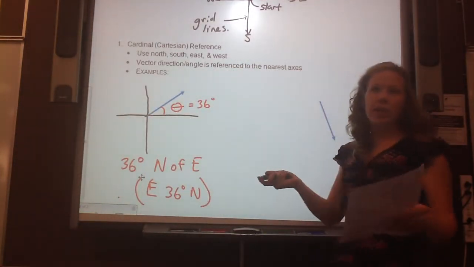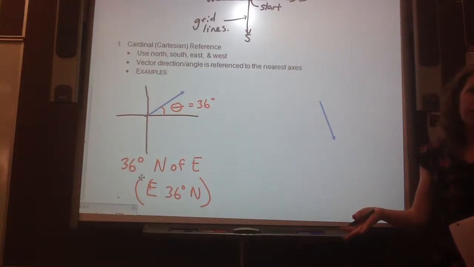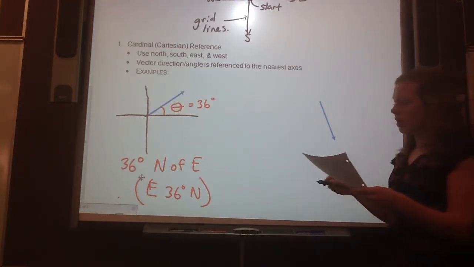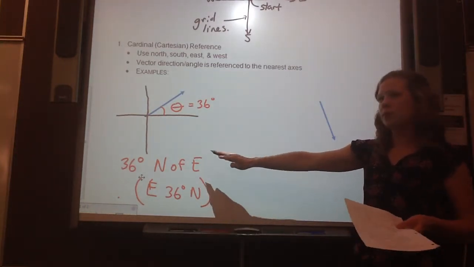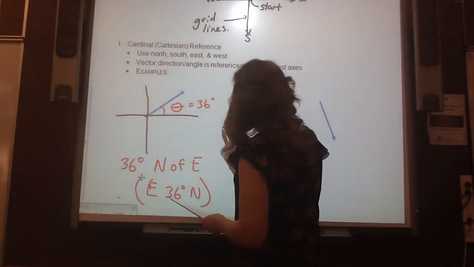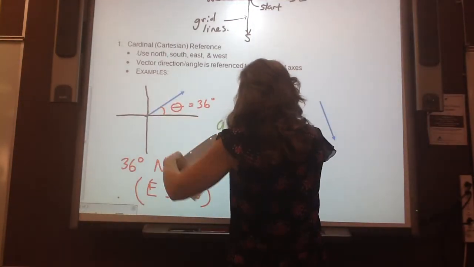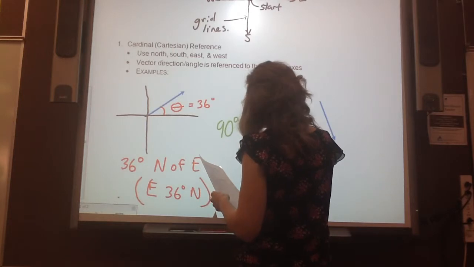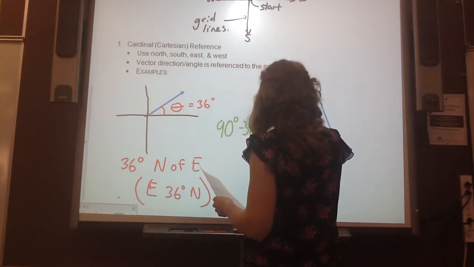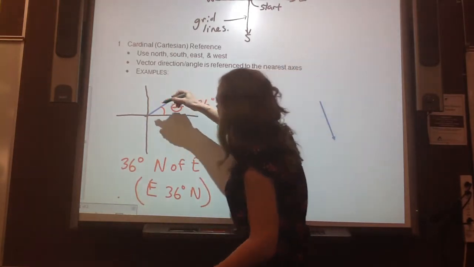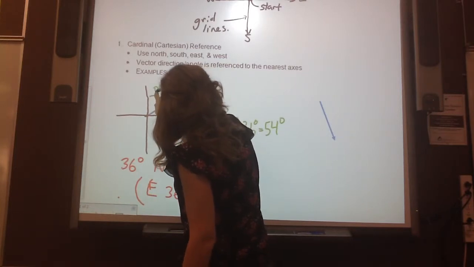So say we were to make north the reference. This is not the preferred way, since it's not the closest, but say each square is 90, so 90 minus 36 degrees is 54, so I know the rest of this is equal to 54 degrees.